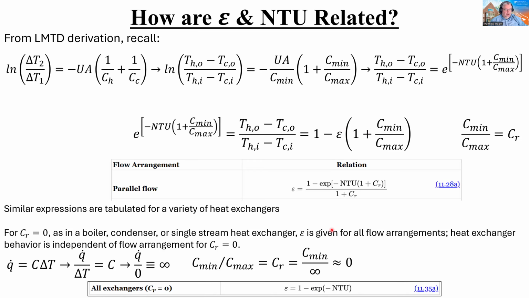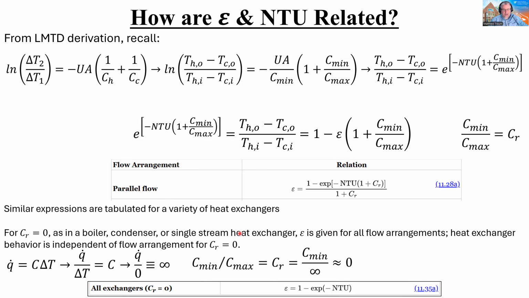Now there is a little bit of weirdness in the situation for which CR equals 0, right? And what does that mean? CR equals 0 means that this is either 0 or this is infinity. That actually happens in a boiler, in a condenser, or in a single stream heat exchanger where the other stream is basically not changing temperature.